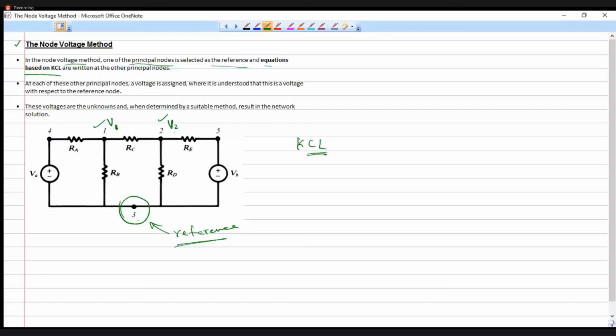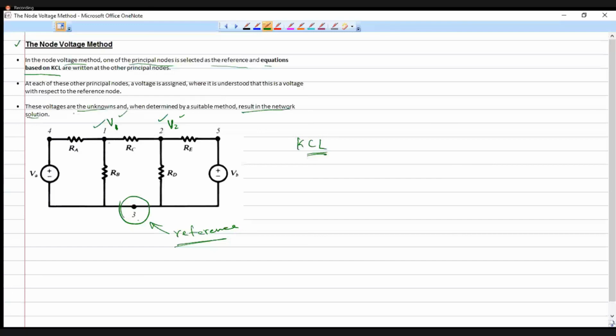The last step: these voltages are unknowns which, when determined by a suitable method, result in the network solution. So when we solve networks using the node voltage method, these voltages are the unknown parameters, and we solve for V1 and V2.